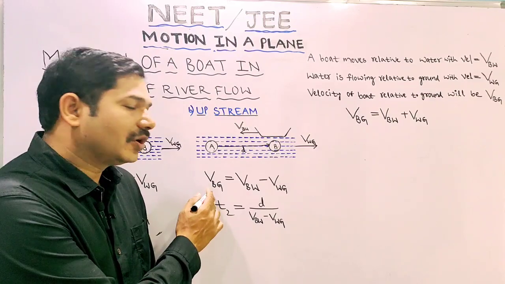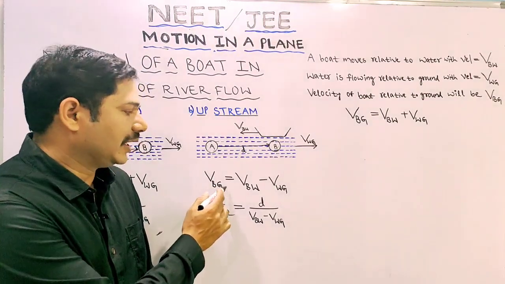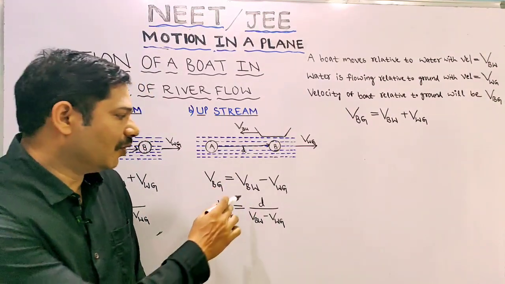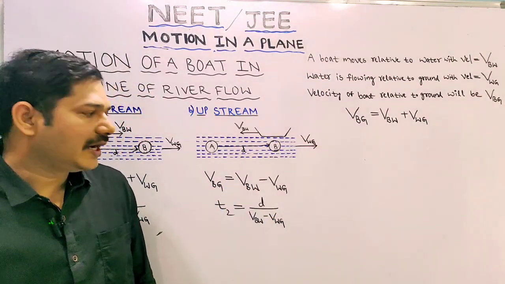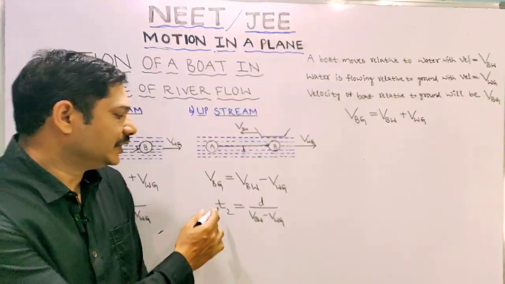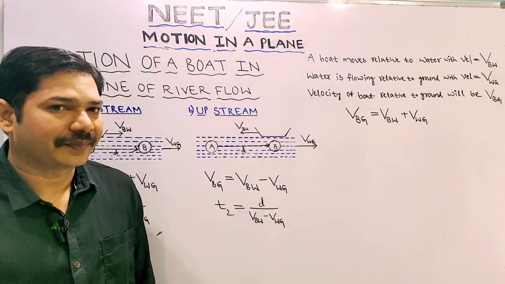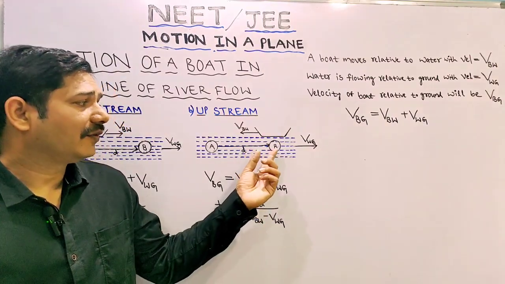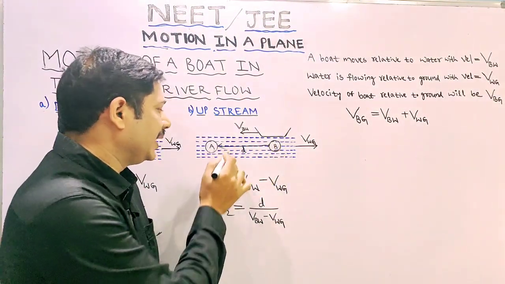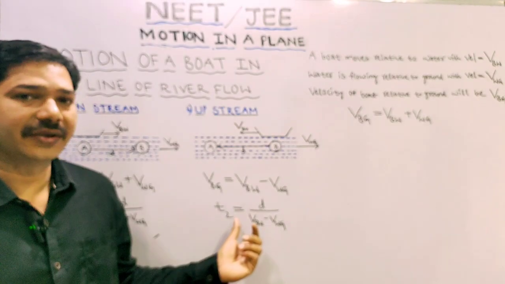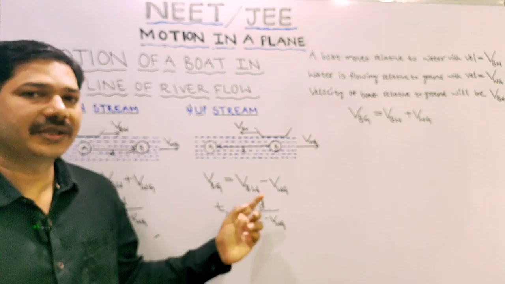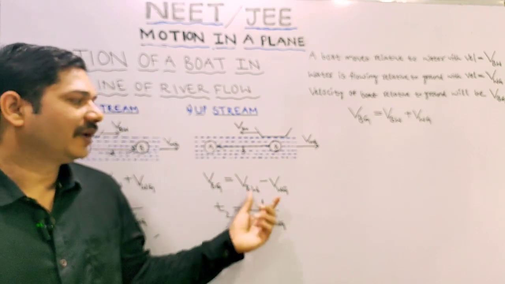So the boat velocity with respect to the ground equals the relative velocity of the boat with respect to the water minus the relative velocity of the water with respect to the ground. The time t2, from point B to point A, upstream against the flow of water, is distance by velocity.